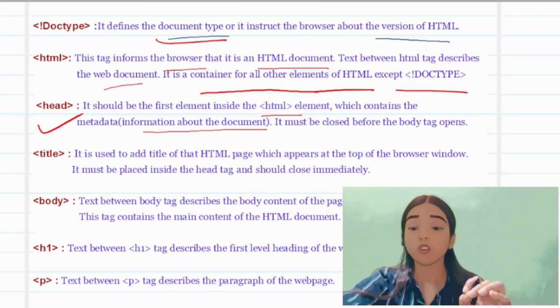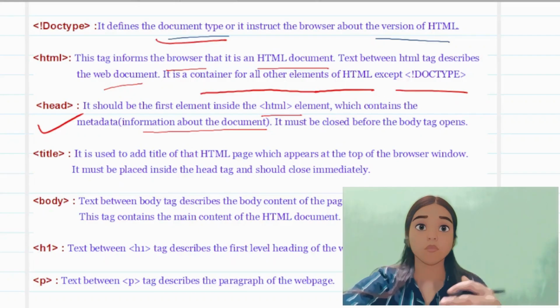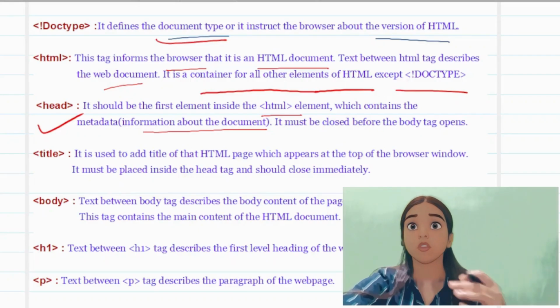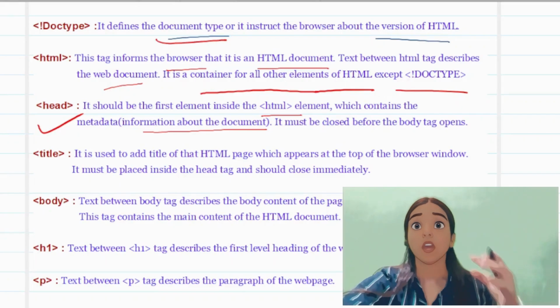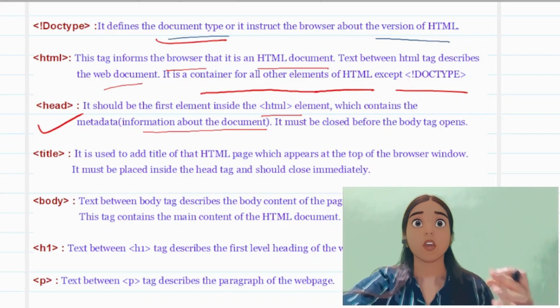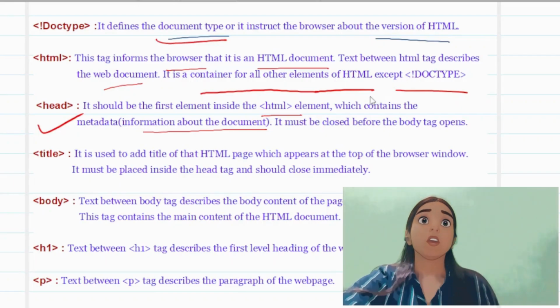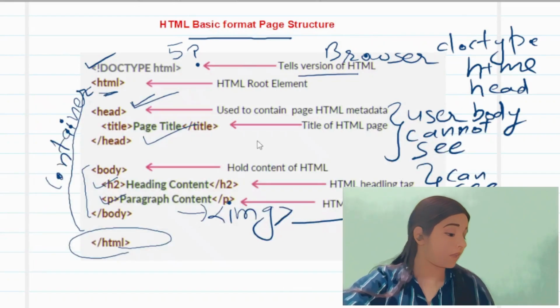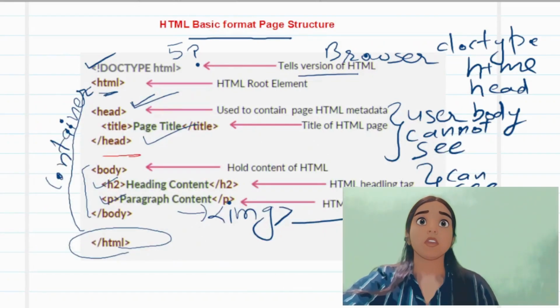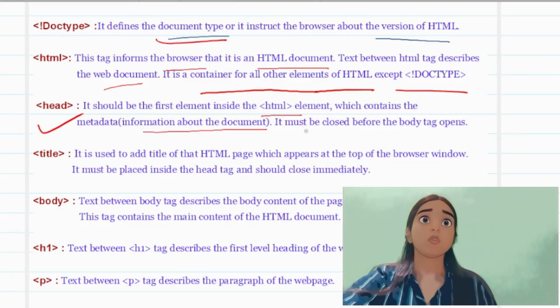If you want to provide backend information related to the features and traits of that document, you can provide it through the head tag. And it must be closed before the body tag. As here the head tag is closed before the opening of the body tag, it is important to close the head tag before the body tag.